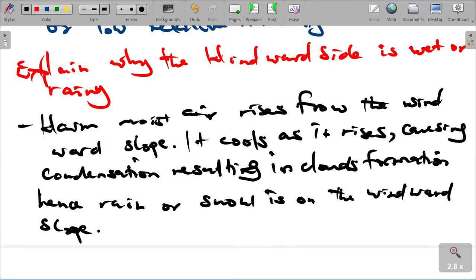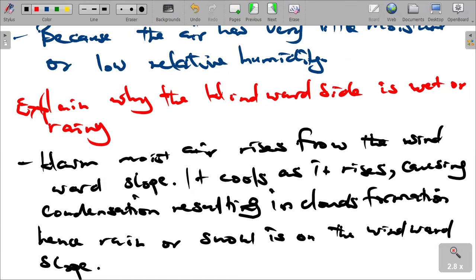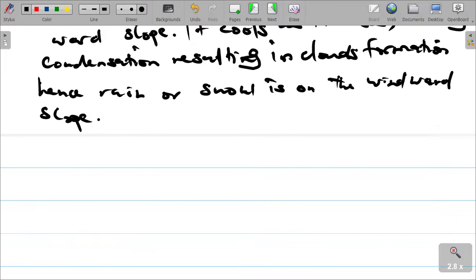So what happens here, class, is that when we look at this, the direction from which the warm moist air is rising, we call that the windward side. And from where it is falling, it is the what? The leeward side.